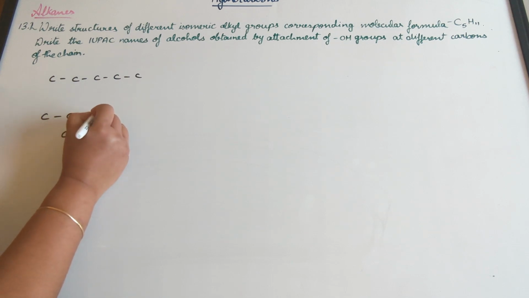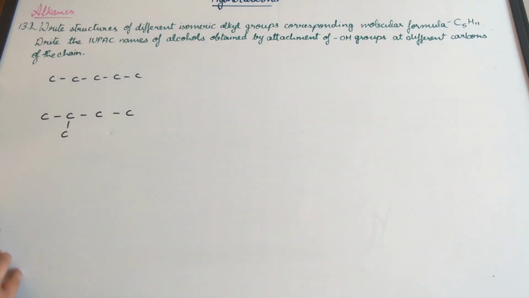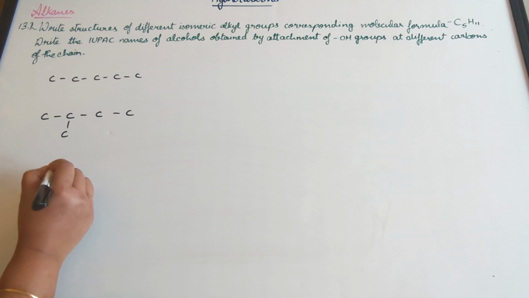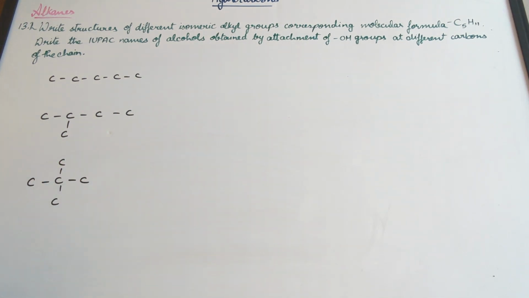So from 5, our chain length is going to become 4. And we can also shift from 4 to 3. So these are the 3 major ways by which we have the C5 arranged.